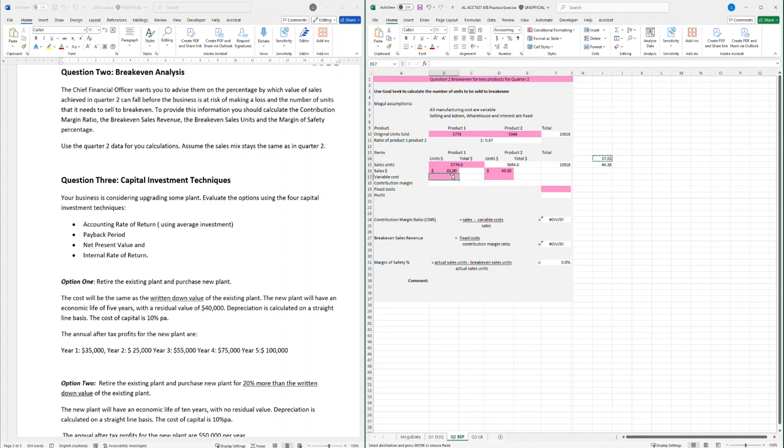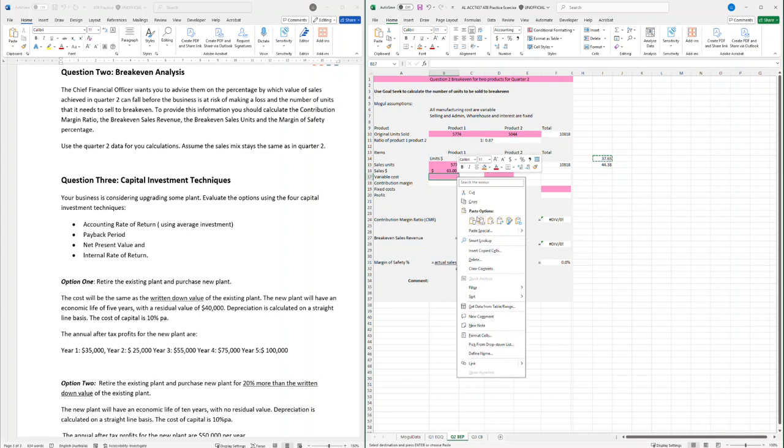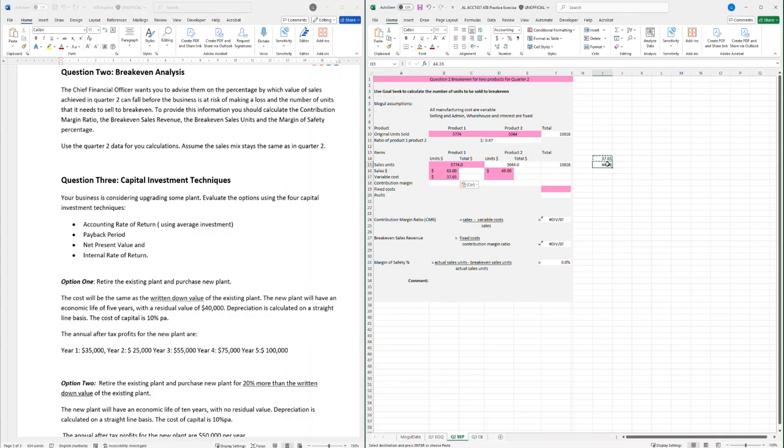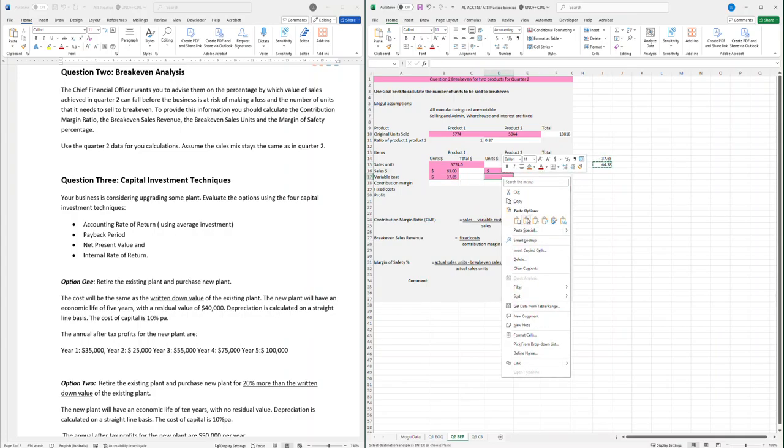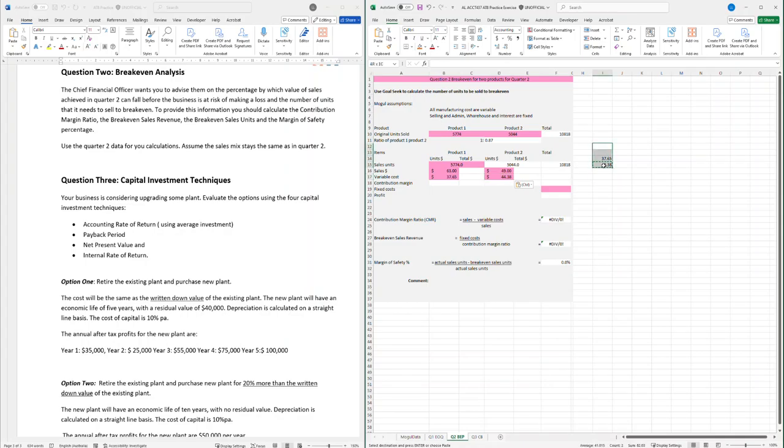At this stage you might find it a little bit confusing, but the very essence of what we're doing is going to different sources of data and plugging in the right numbers so we can do the calculation. So total sales would be your sales unit times your sales price.